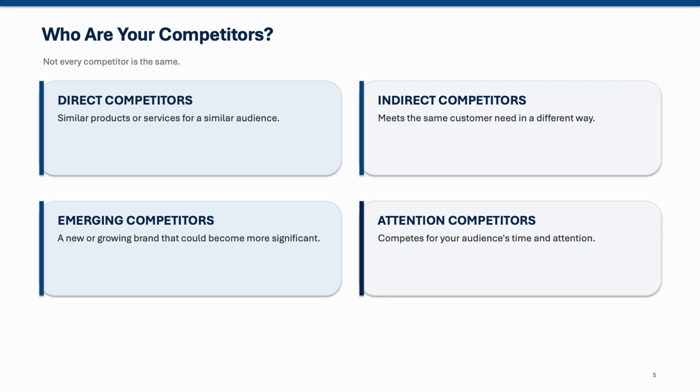You should also pay attention to emerging competitors, which are newer or growing brands that could become more important within your market. And in social media, I want you to think about another category: attention competitors. These may not sell the same products as you, but they're competing for the same audience's time and attention. That matters when you're developing a content strategy.